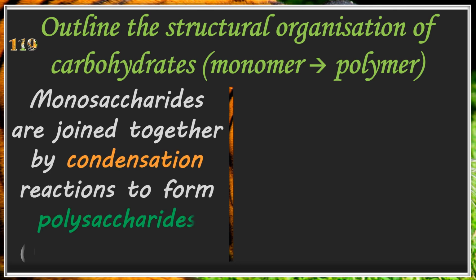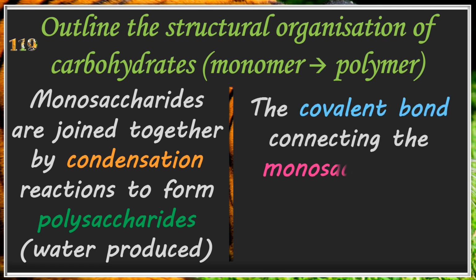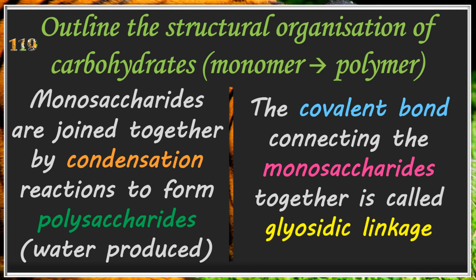Monosaccharides are joined together by condensation reactions to form polysaccharides, and water is produced. The covalent bond connecting the monosaccharides together is called glycosidic linkage.